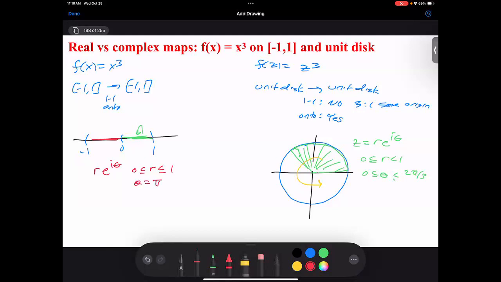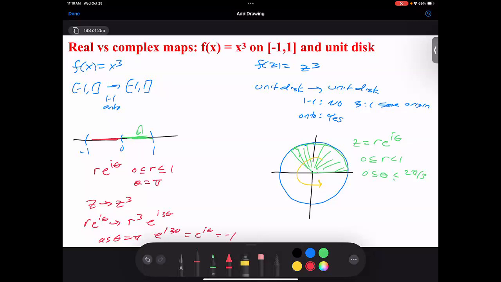Theta equals pi, right? I'm on the negative real axis. There's only one angle. So now, if I send z to z cubed, r e to the i theta goes to r cubed e to the i 3 theta, and as theta equals pi, e to the i 3 theta equals e to the i theta equals -1.